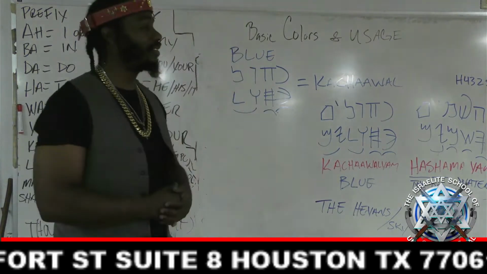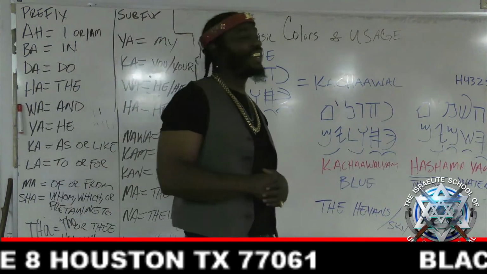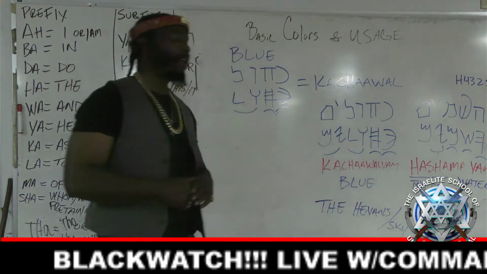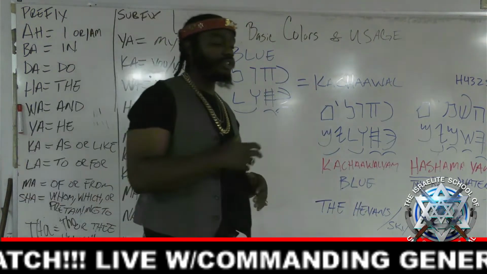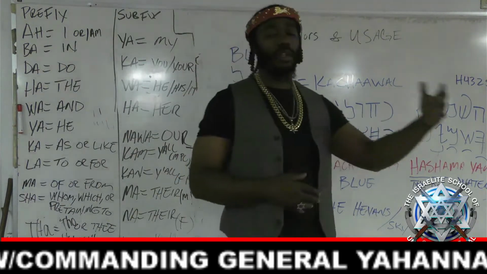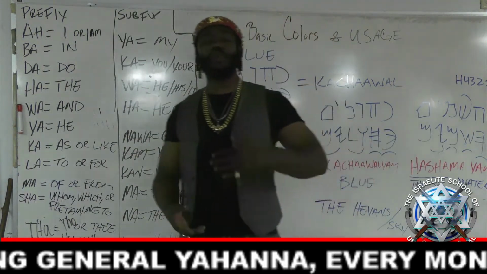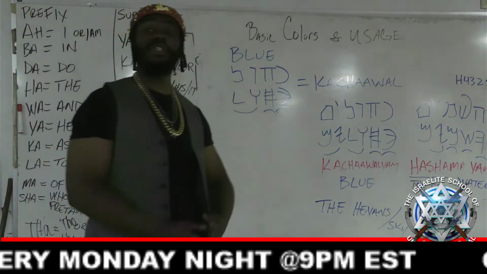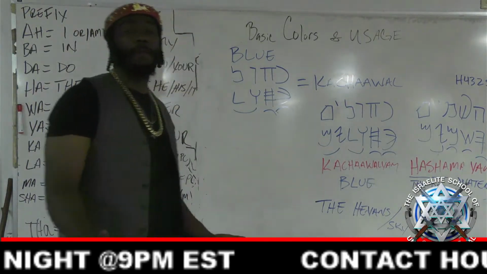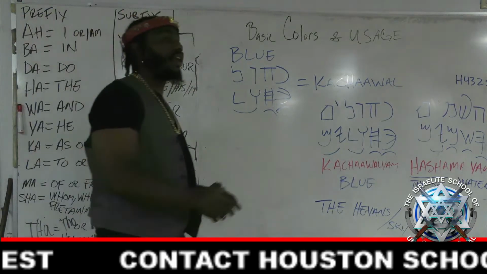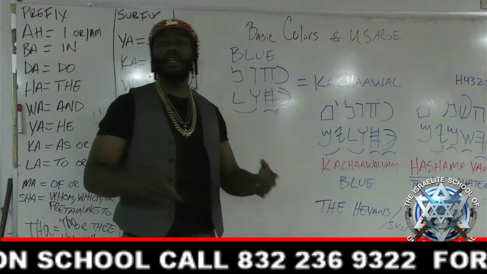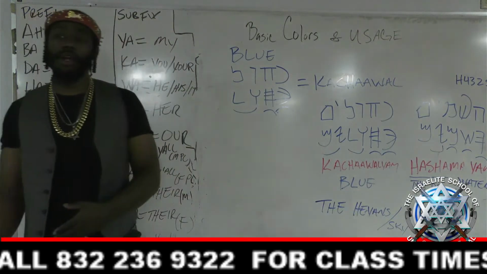And then when talking about the seas, the oceans, rivers, ponds, streams, it's just yam. So if you wanted to say the pond, the sea, the stream, you would just say hayam.